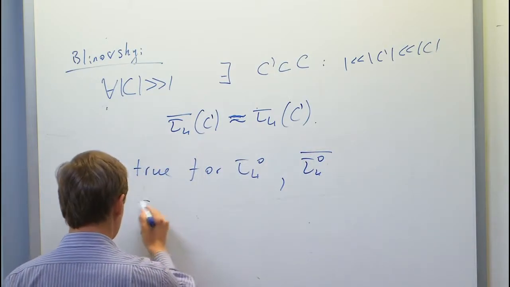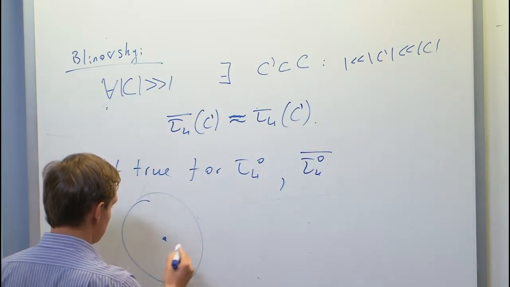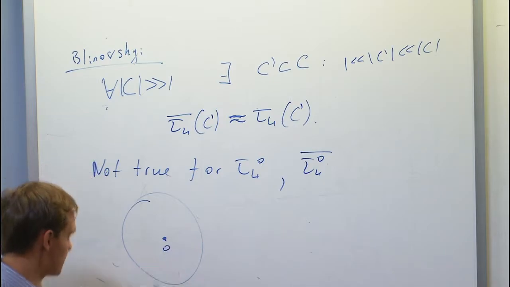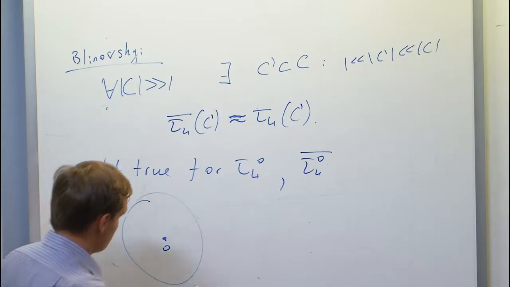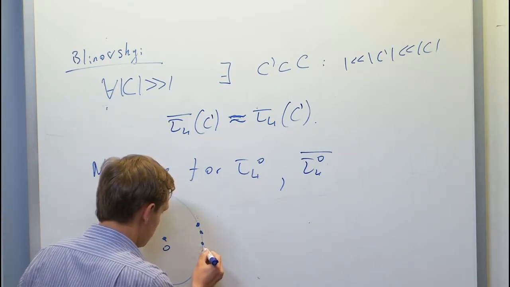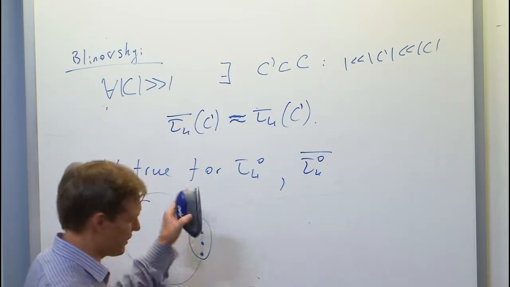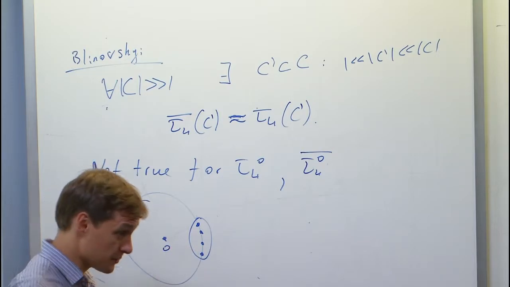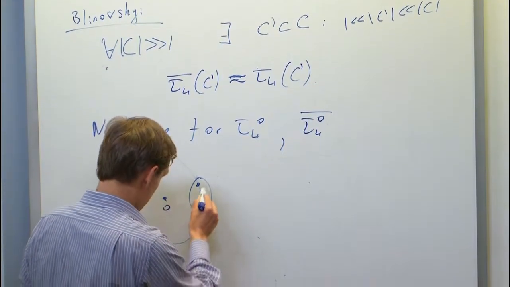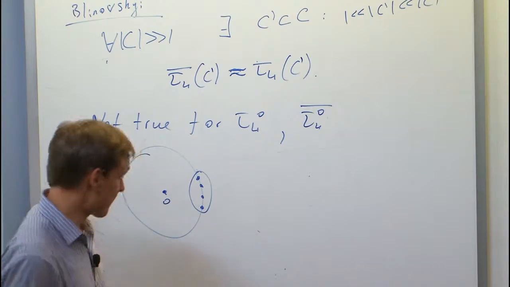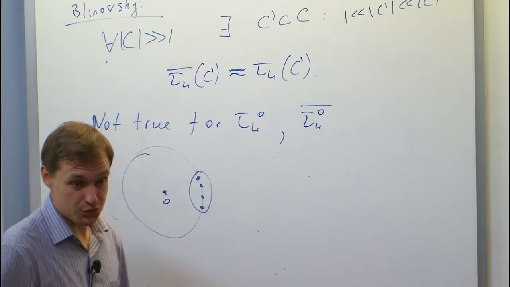Here is a very simple counterexample. Remember, this is our anchor, so 0 is always there, and we put all the points here. Think of L huge, something like 10 million. So you have 0 and then lots and lots of points here. Then what's the average radius?